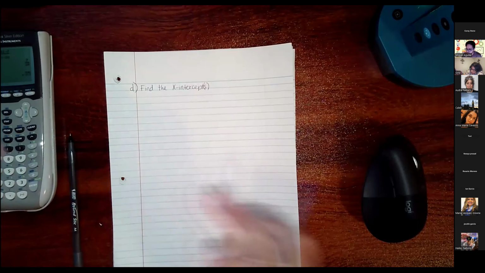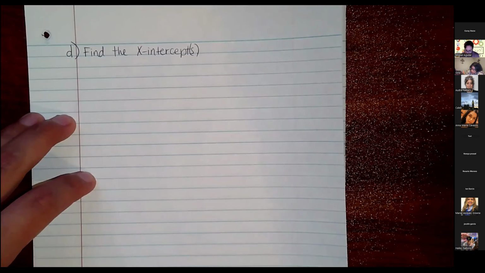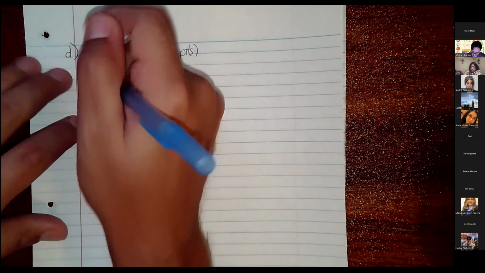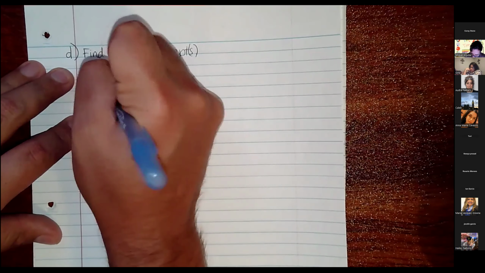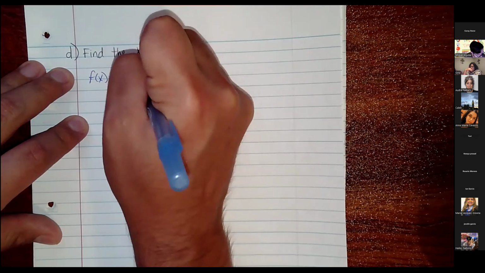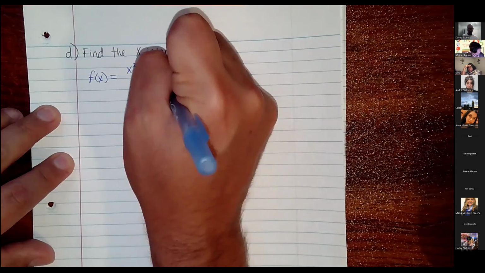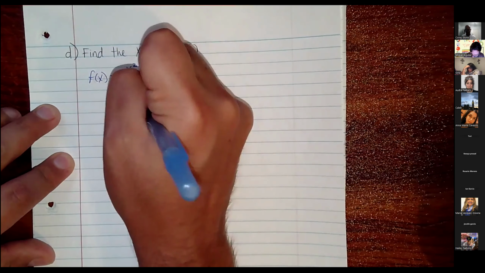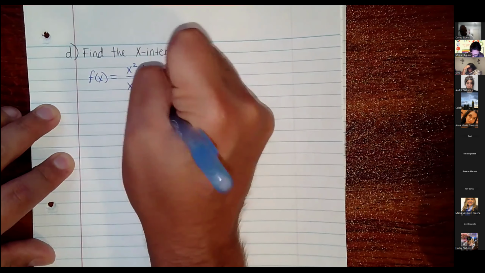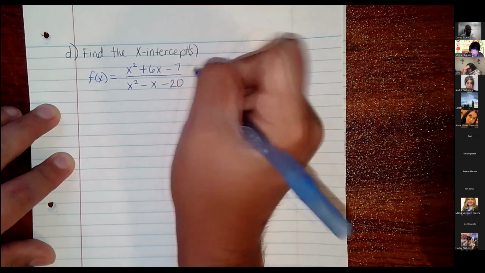Can you guys remind me, what was the process that we used to find the x-intercepts of a function in the past? I'm going to go ahead and write this function down. It was x squared plus 6x minus 7 over x squared minus x minus 20.